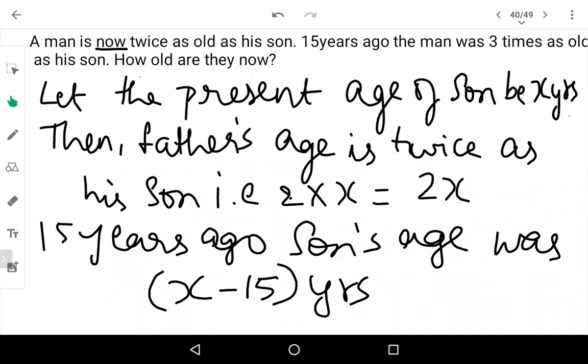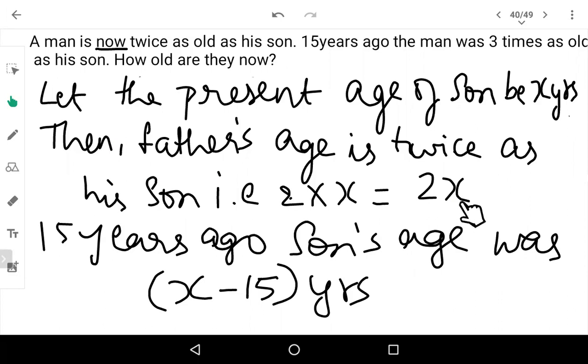Listen. A man is now twice as old as his son. Today's age of the son is x years. If the son is x years, they're saying the father's age is 2 times the son, so 2x. If the son is x, 2 times the son is 2 into x.